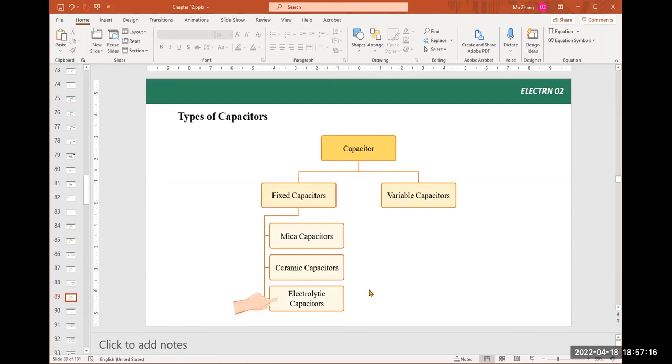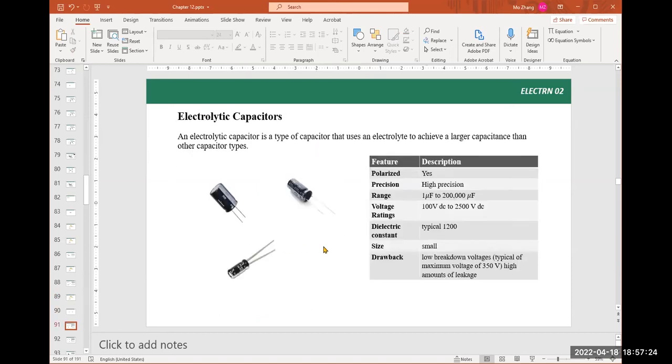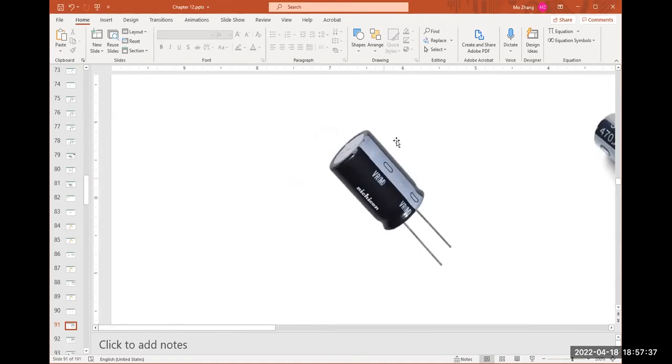Now we move to the third kind. They are all useful, but these are more common for circuit design. Here, those are electrolytic capacitors. Most of them have a cylindrical shape. If you zoom in, this is a cylinder with two legs.